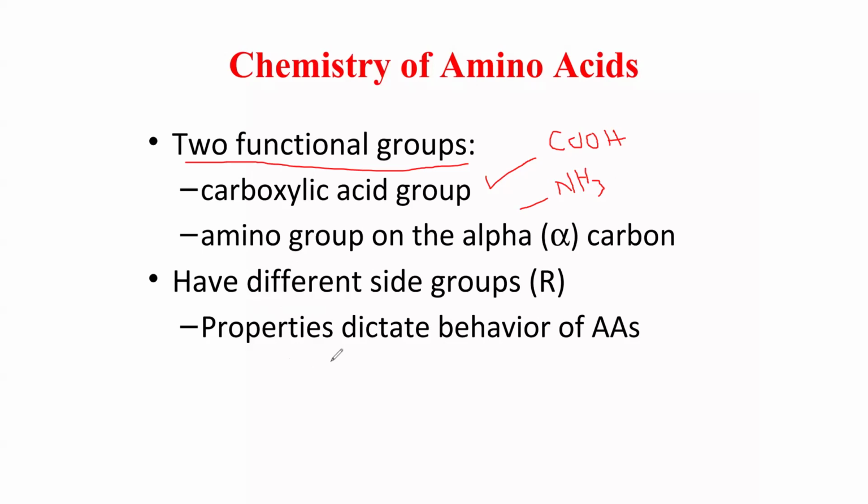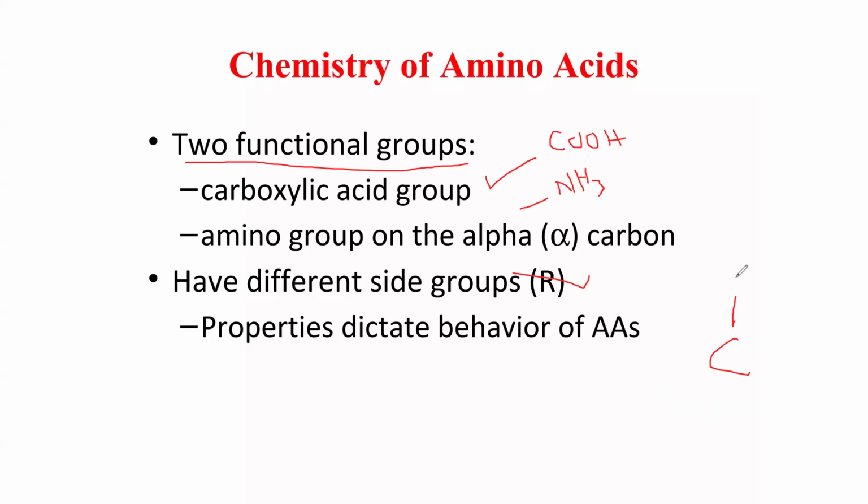That property of the amino acid is due to the distinct nature of the R side chain, or the side groups. So each amino acid has its own R side chain, and this R side chain is very, very essential for the properties of each of the amino acids.